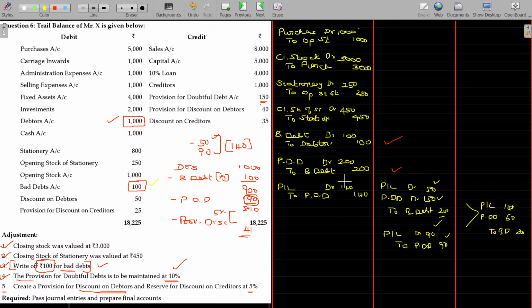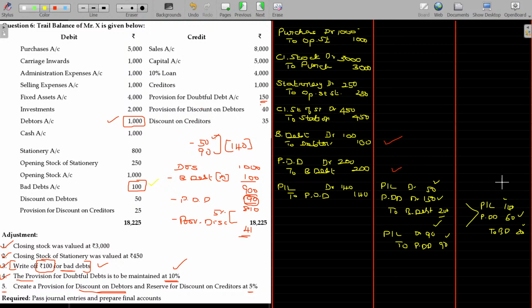If you club these two entries, you will get the same entry. PDD account debit, PDD account credit, 200 minus 140 ends with the 60. Bad debt 200 rupees in credit and P&L account 140. So in either way you can pass.